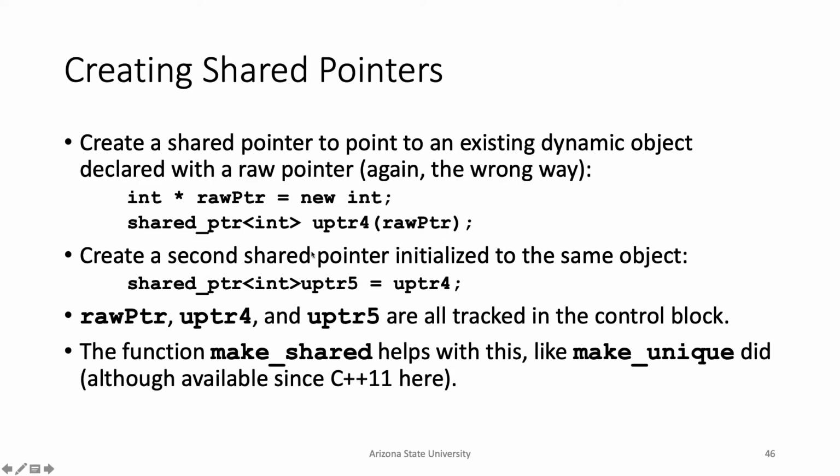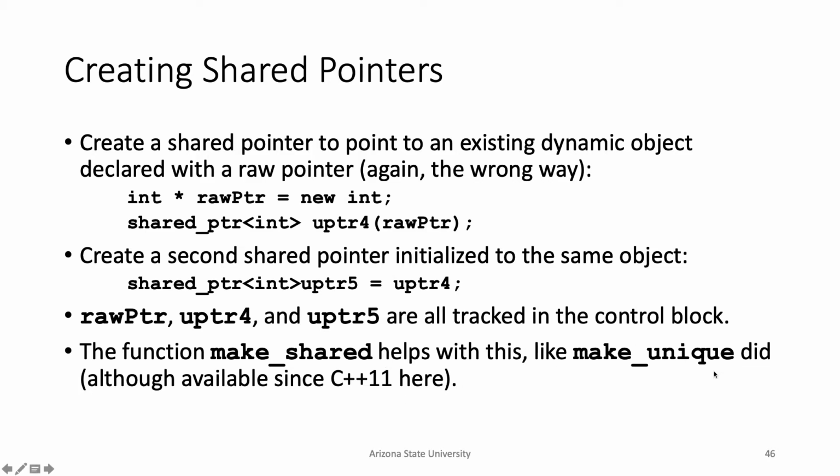So how do you create a shared pointer? Very easy. It's just like unique pointer. In fact, it's the same number of characters as a unique pointer. So shared pointer of int instead of unique pointer of int, and it works exactly the same way. We can create a different shared pointer from a different one. So I can copy the ownership over, so there's no issue there.